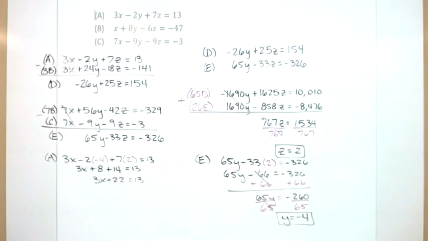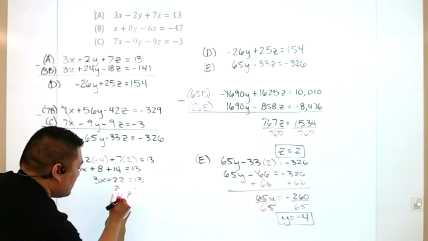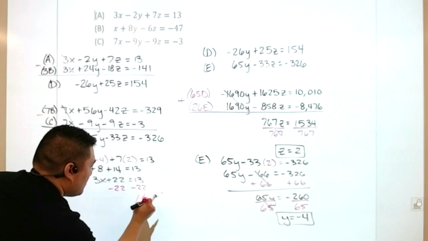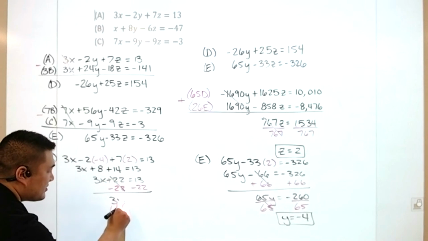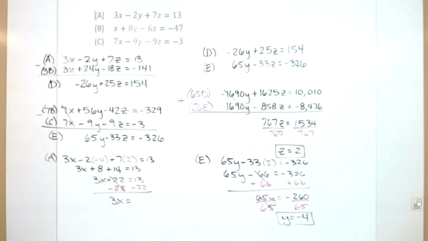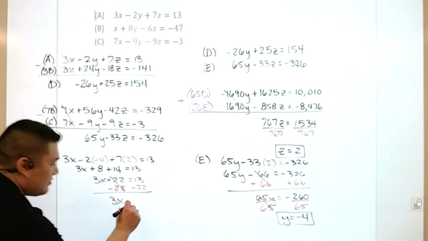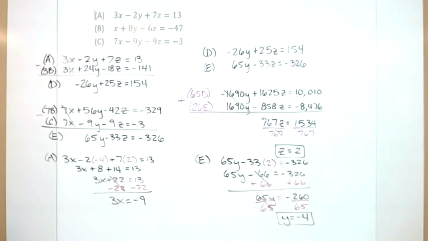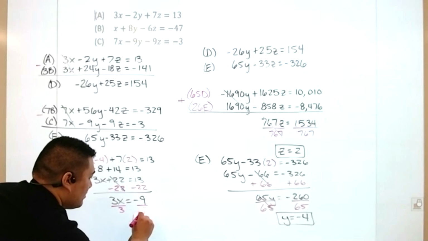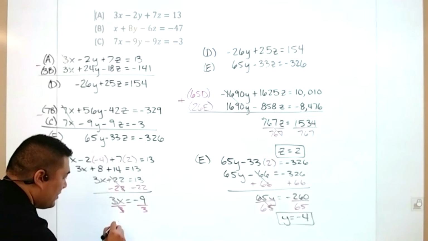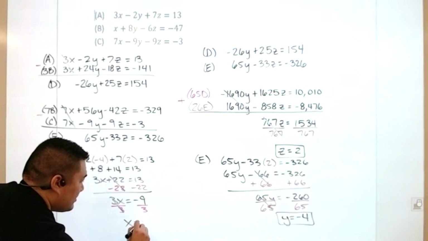Subtract 22 from both sides. 3x equals, let's see, that would be negative 9. And then finally, divide both sides by this 3. X equals negative 3.